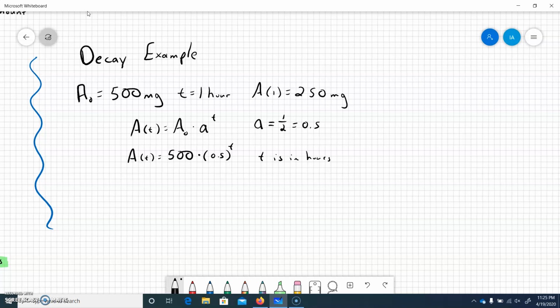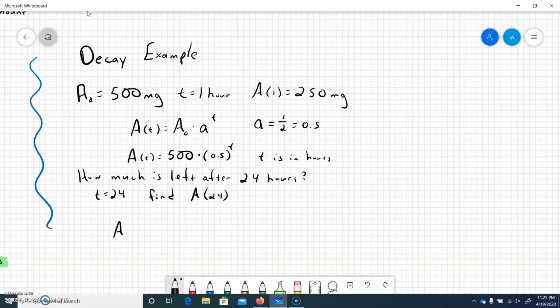So maybe we could ask ourselves the question, how much is left after 24 hours, which is 1 day, right? So we're doing our formula, and what we're trying to find, since t is 24, basically we're asking ourselves to find A of 24.